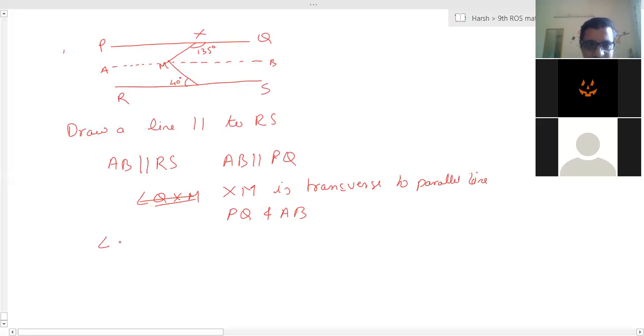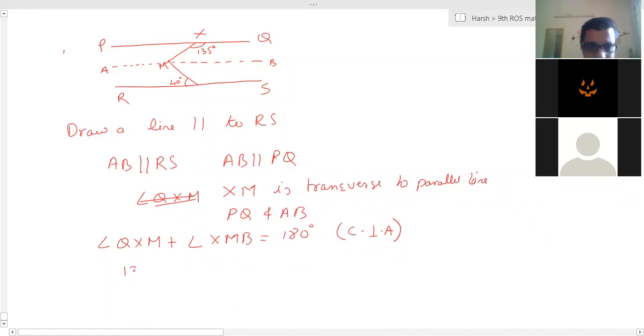So angle QXM plus angle XMB equals 180 degrees. Why? Co-interior angle. You have to write it properly. I'm just writing the short form. Correct?